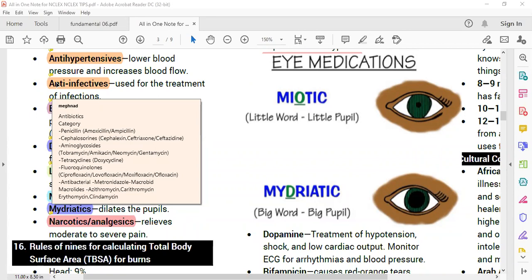Ask about any kind of reaction such as itching, rash, or hives. Do not give it if any reaction has occurred in the past. It means if the patient is allergic to penicillin, it is best not to give it. But penicillin is safe in pregnancy. Amoxicillin or ampicillin are safe in pregnancy.